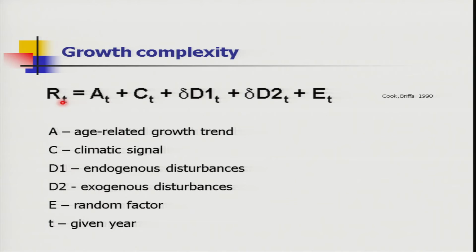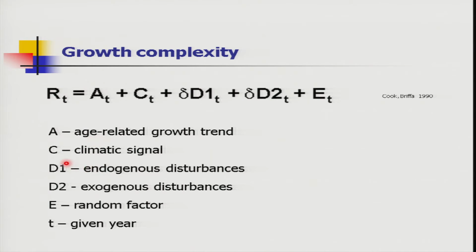The growth of plants, as suggested before, is related to the age-related growth trend, and one of the most remarkable factors is climate. Climate influences the growth of plants in a great measure.